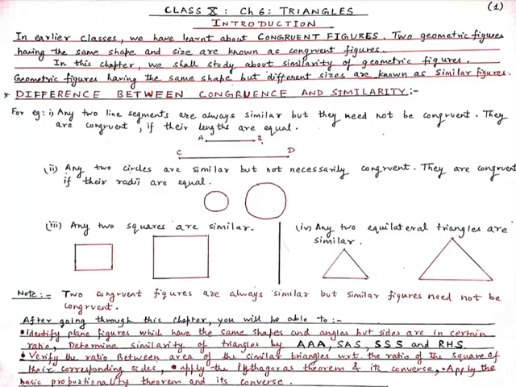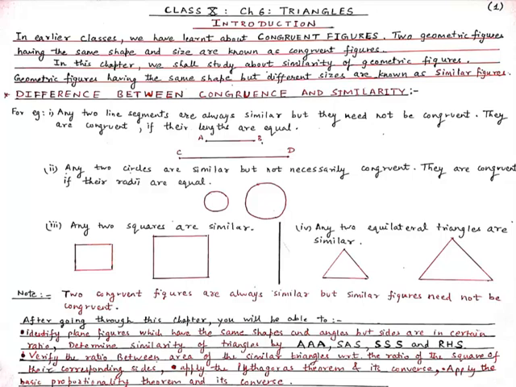Now students, after going through this chapter, you will be able to identify plane figures which have the same shapes and angles, but sides are in a certain ratio. Also, you will be able to determine the similarity of triangles by AAA, SAS, SSS, and RHS similarity criteria.